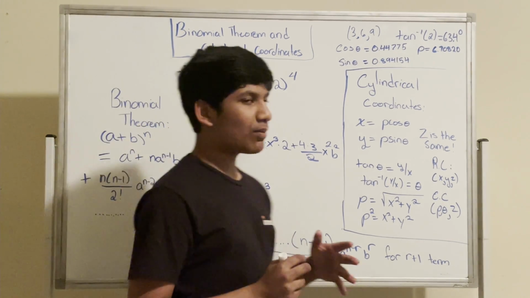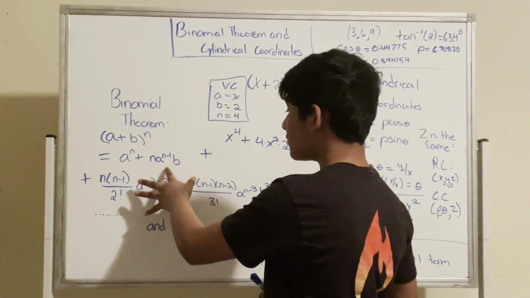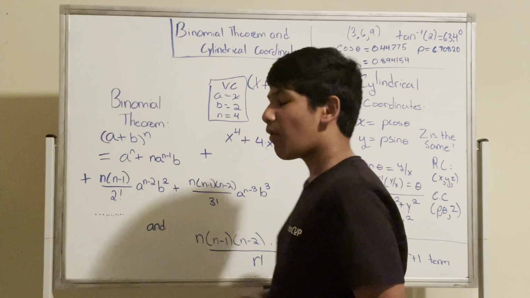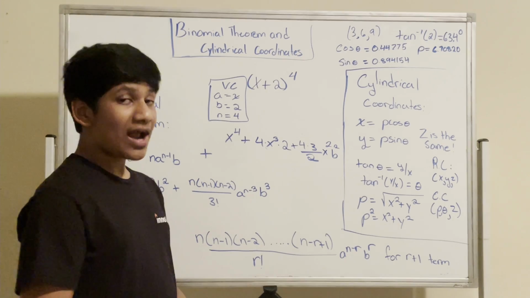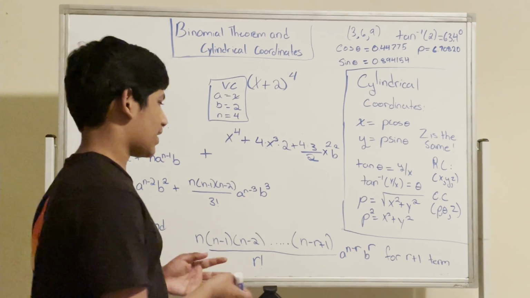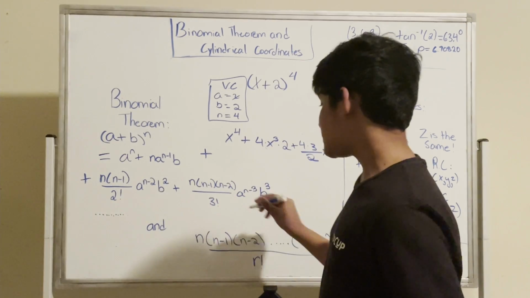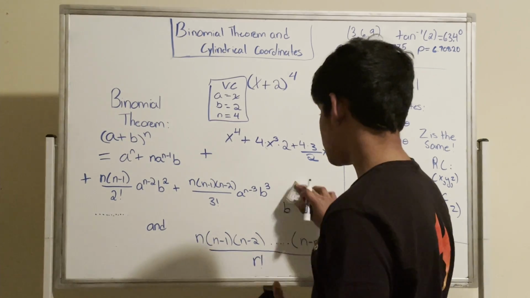Now, the second thing that we notice is that excluding the first term, the powers of b keep increasing. So we have b squared, and so on and so forth. Now, you may conjecture a hypothesis that might exist. So what I mean by that is, what if this ends till we have b to the n? And this is actually true.